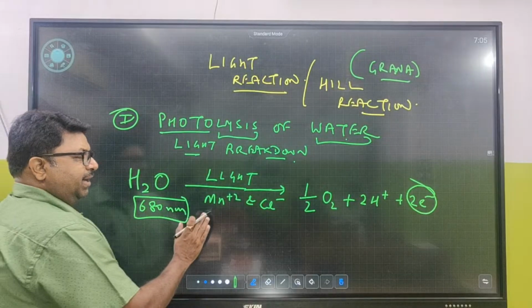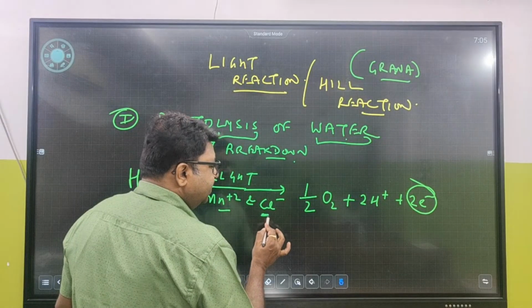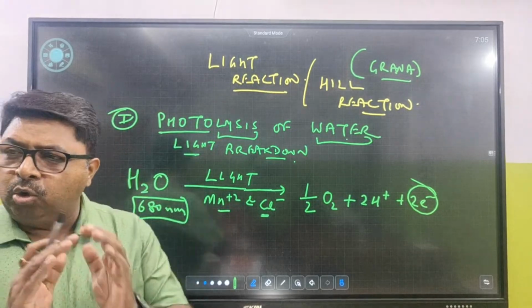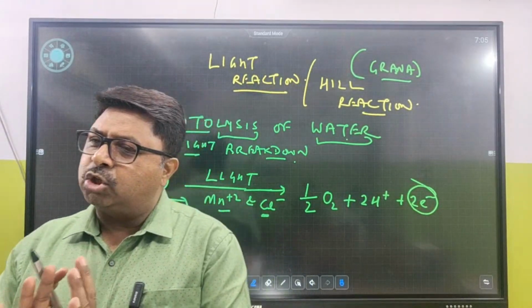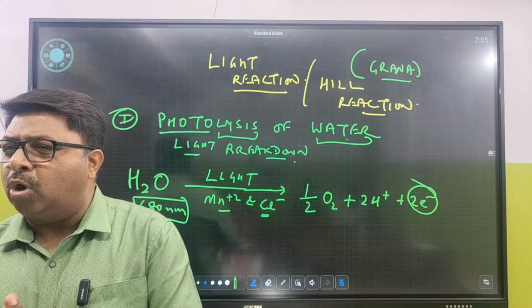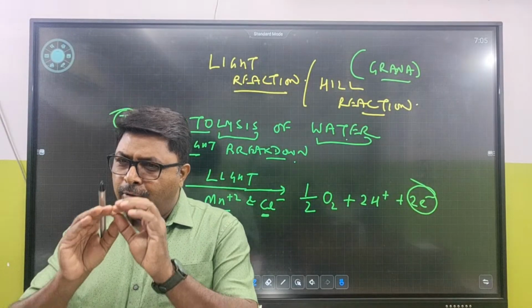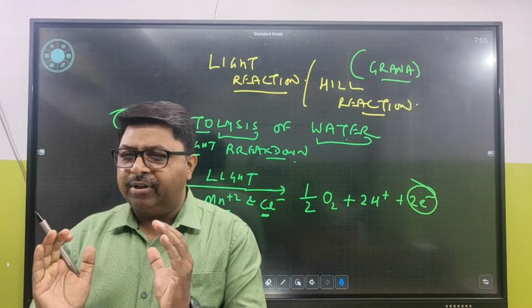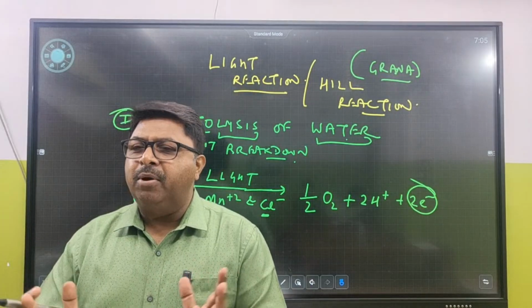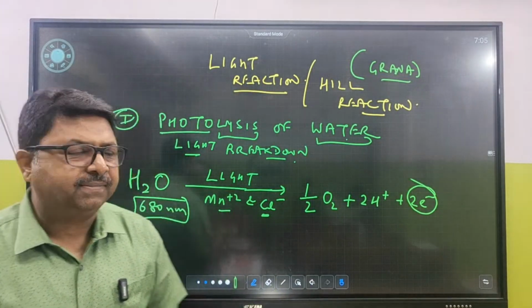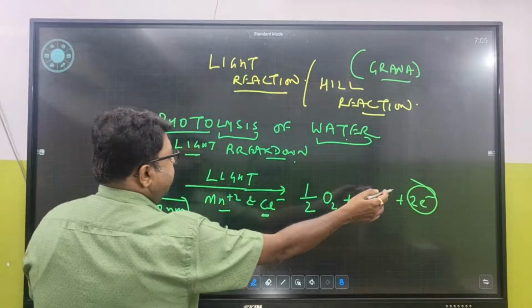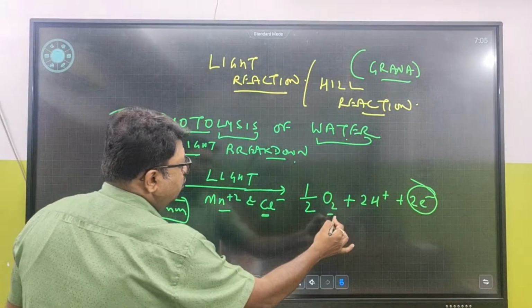Half O2 plus 2H plus 2 electrons. So water is the source of electrons. This Mn+2 and Cl minus helps the chlorophyll remain intact. It stops photooxidation, so that in the presence of light the carotenoids do not break down. Ultimately, we got O2.